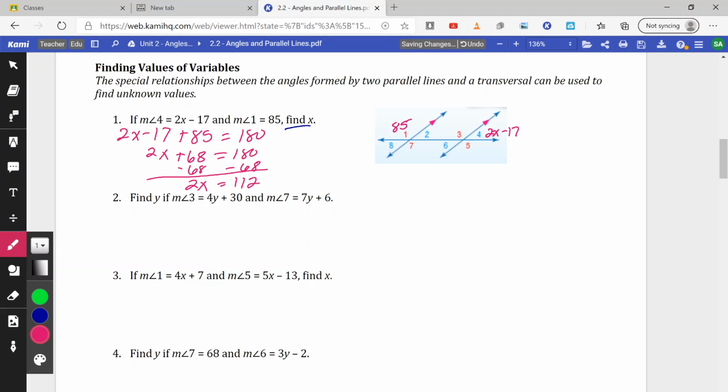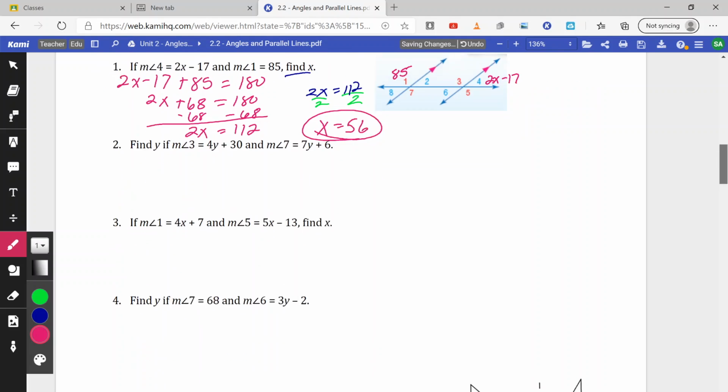And I'll divide that by 2. We get x is equal to 56. And we found what we were looking for. We found x.